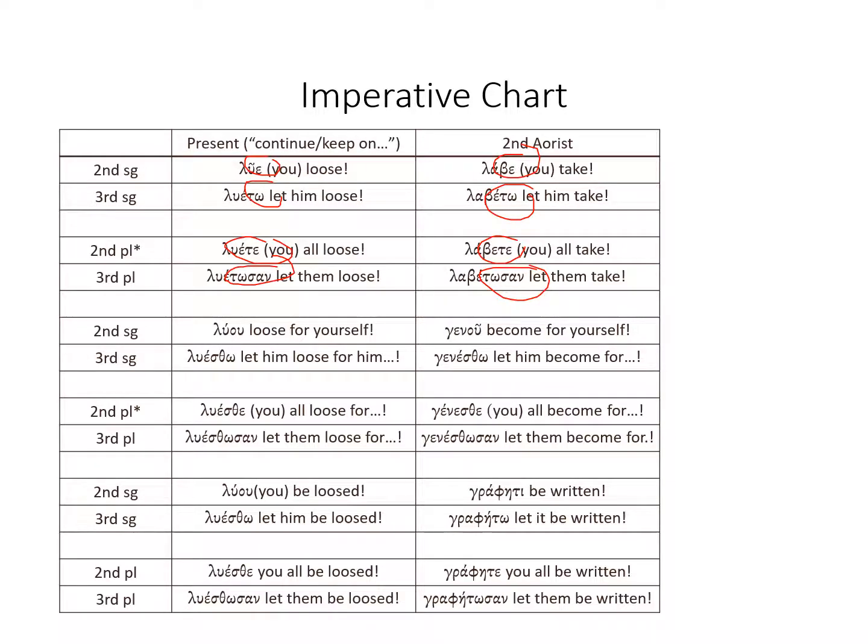And the pattern with the second aorist, we just have our root that's taken up in the stem, lob here, and then we add on the endings, to, te, toson, following the connecting vowel. Notice the pattern continues, sto, ste.